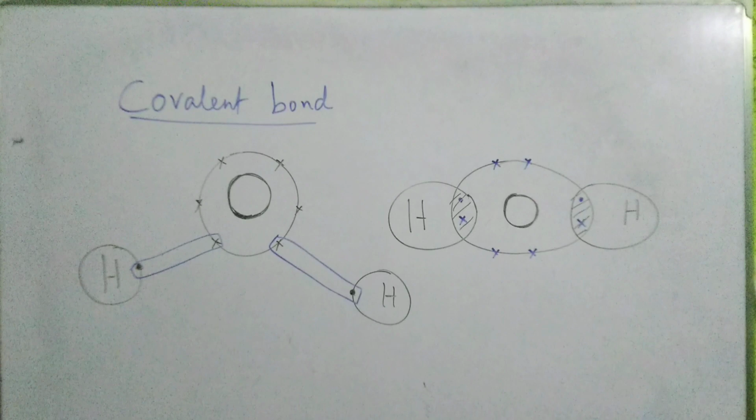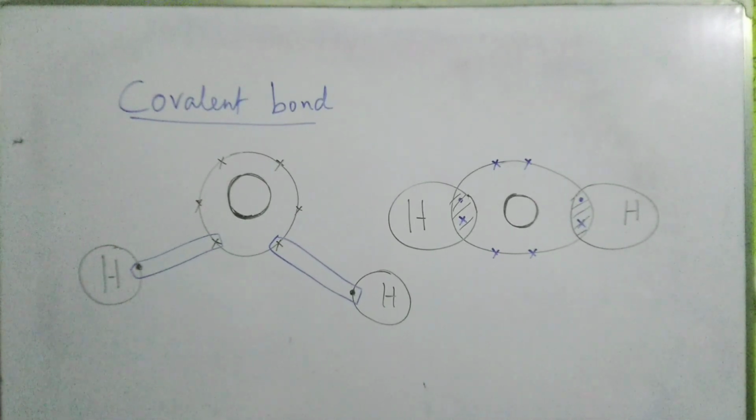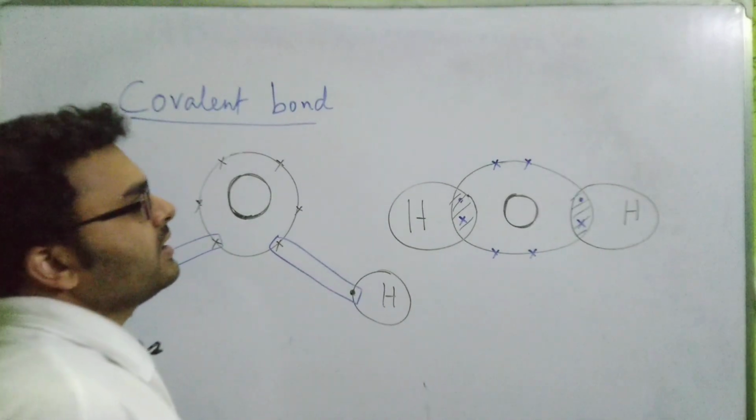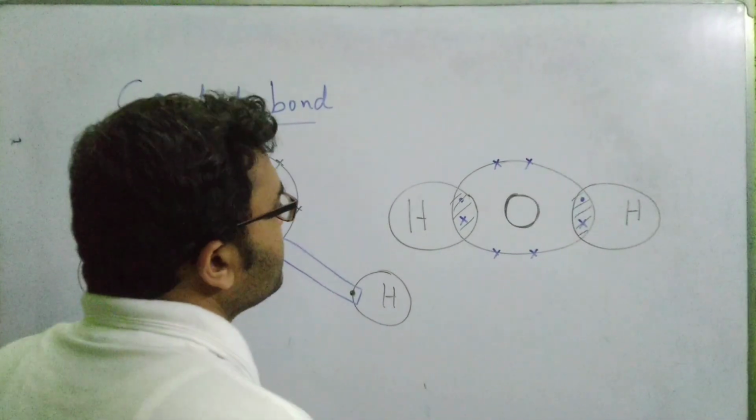So the electrons are not totally given away or totally taken up by any one atom, rather the electrons are being shared between the two atoms. This kind of bond, as it happens by the mutual sharing of electrons, is called the covalent bond.